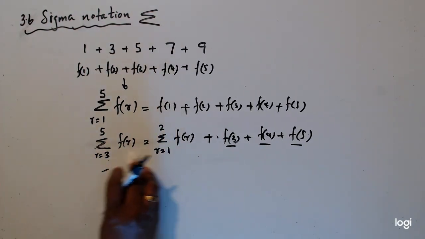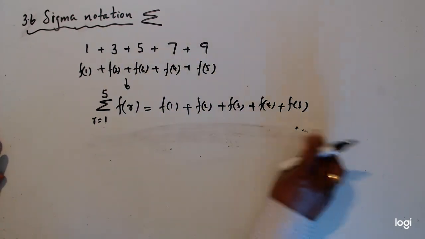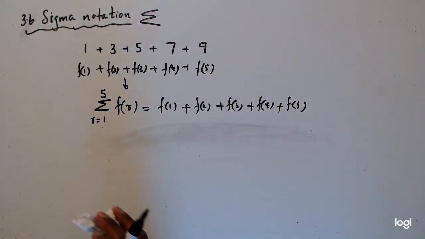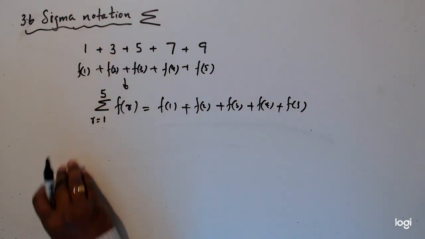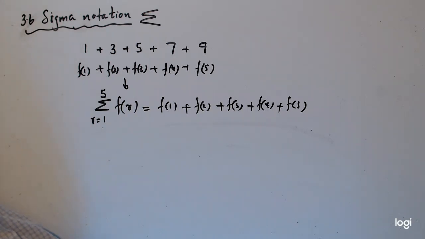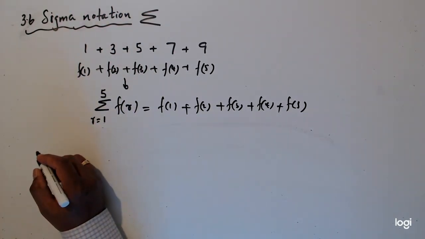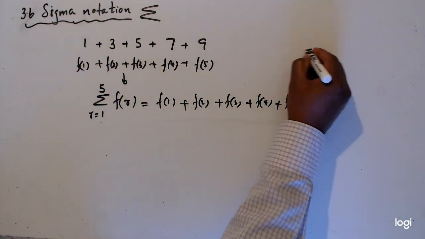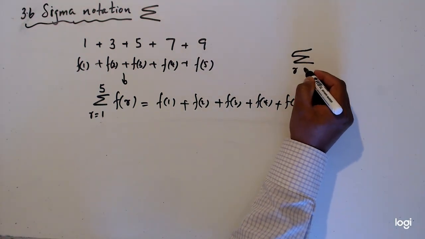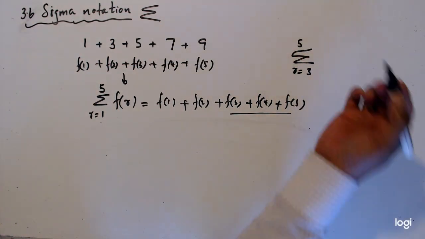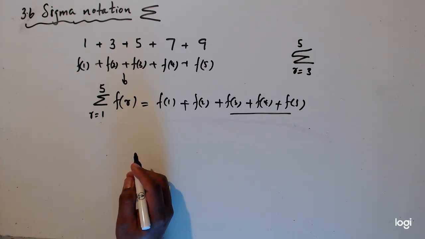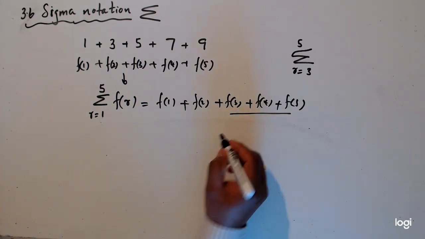Or let me do differently. Assume we need to find r equal 3 to 5. So I can find r equal 3 to 5.